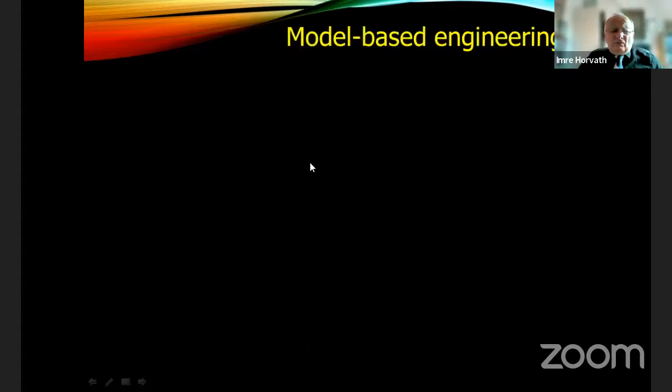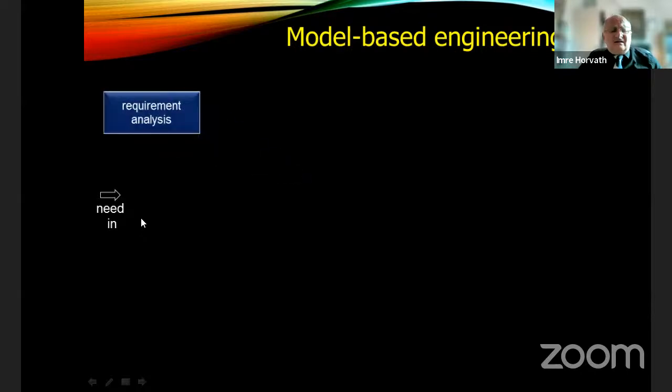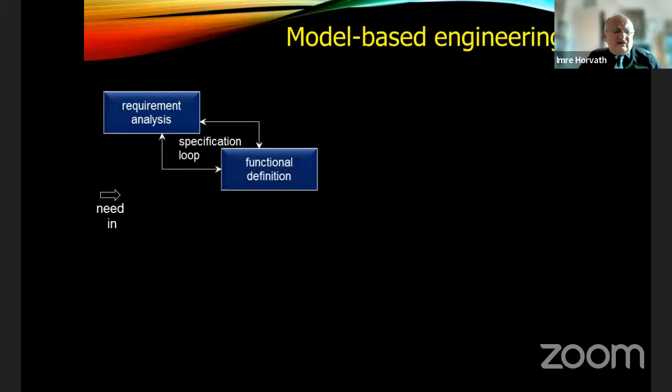Let's look into model-based engineering. What is it all about? Instead of a verbal description, I try to visualize the major elements. As my previous slides imply, it starts with the emergence of the need for a cyber-physical innovation, and this need reaches the developers. Then, based on the need, a requirement analysis is executed on multiple levels and from multiple perspectives, followed by a functional definition.